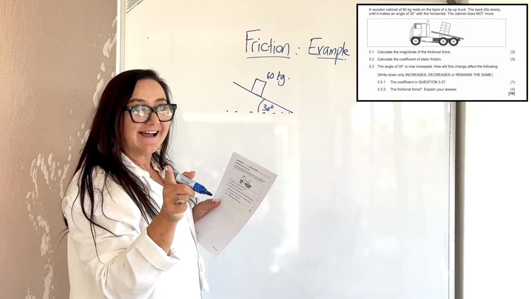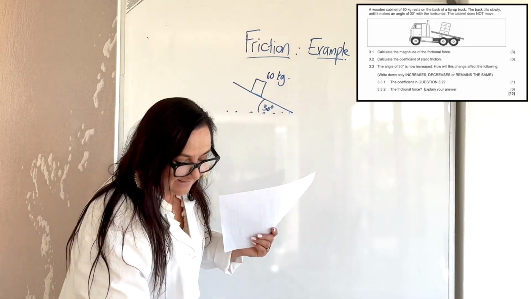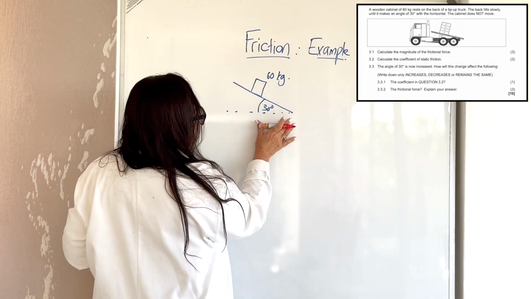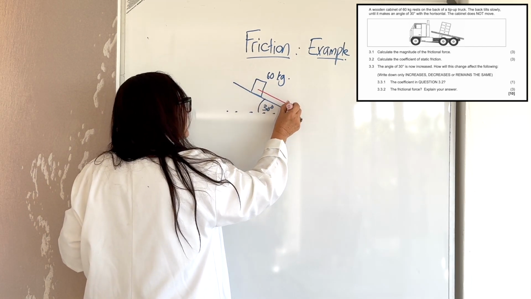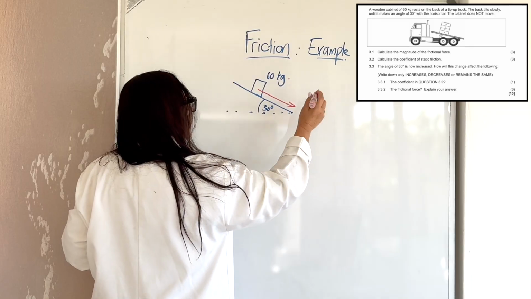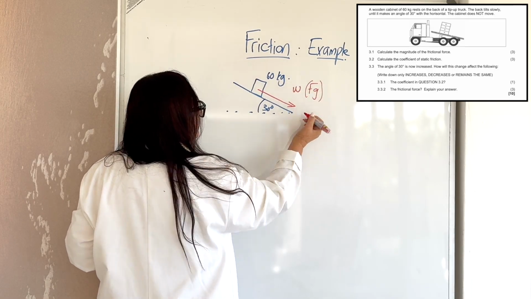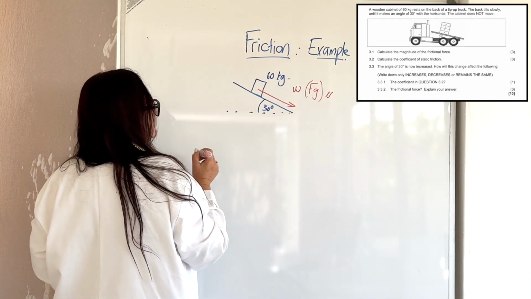So the fact that it's not sliding down, because if it would have been frictionless, no friction on the surface, then this object would have slid down. Why? Because of weight, or Fg, gravitational force, the component that is parallel to the slope.